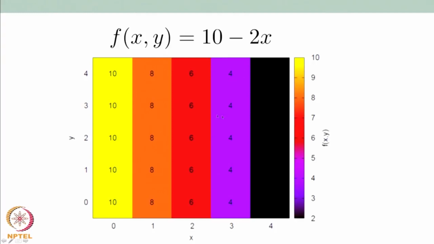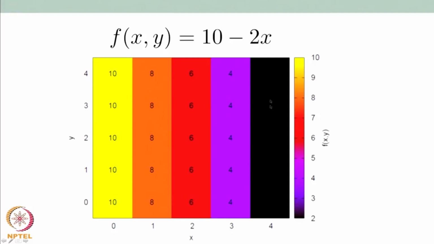I have taken x values in discrete steps. For convenience, I have divided this into boxes. From here to here, I assume the x value is 0. Here to here, I assume x is 1, and so on. So I discretized the space and wrote 0, 1, 2, 3, 4.